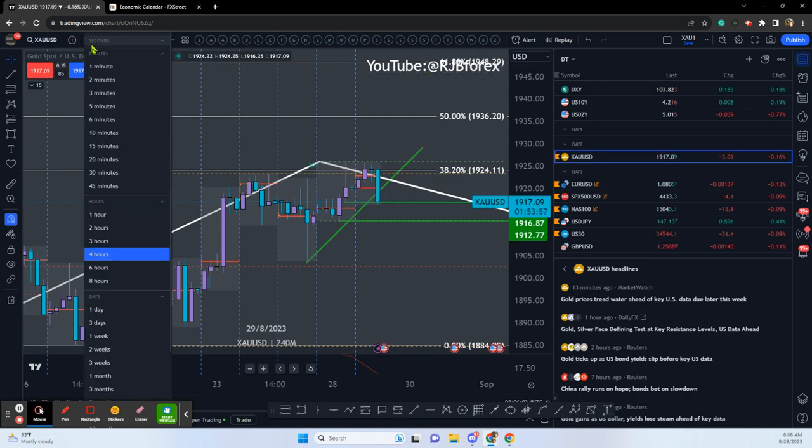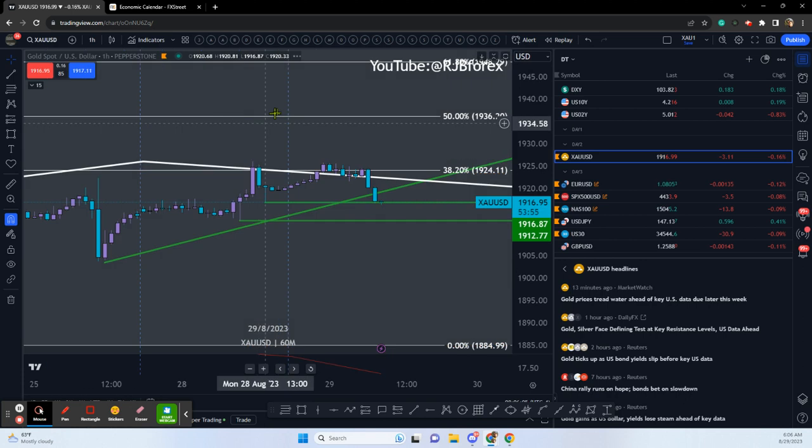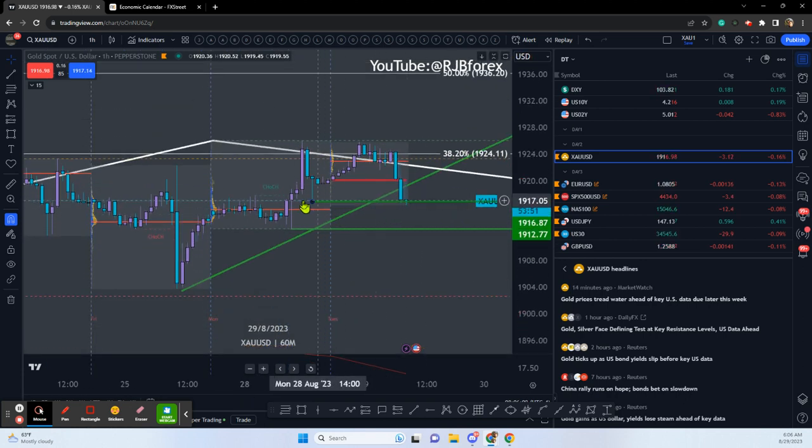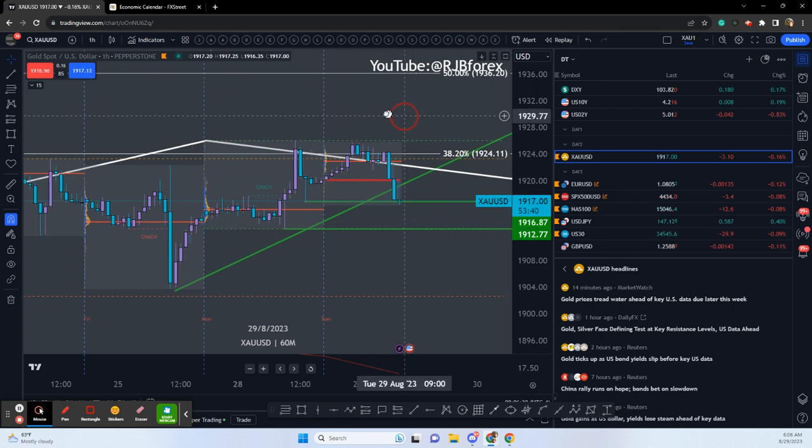On a lower time frame, what does that look like? It's technically broken. Let's see if we don't get a pullback and a continuation to the downside.